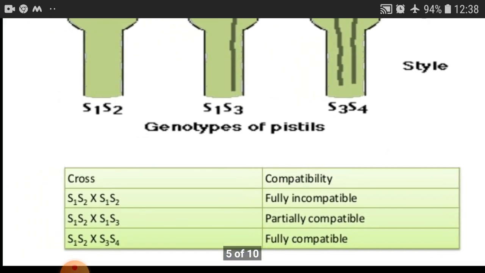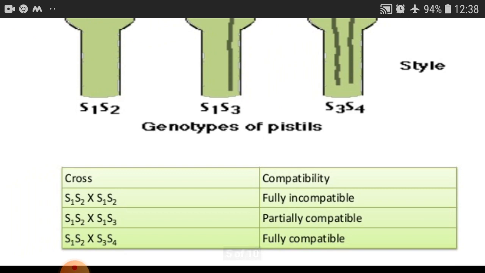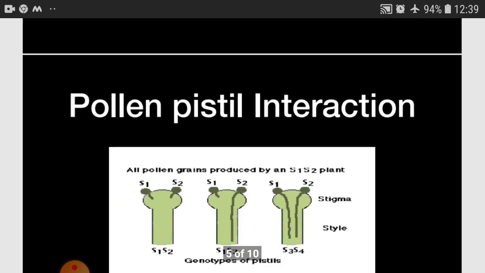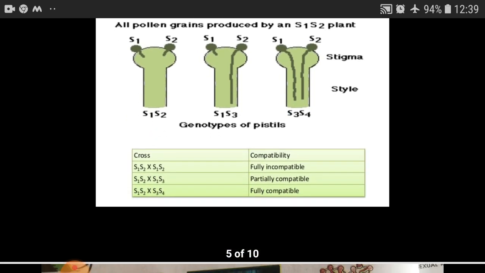Here you see the different types of crosses showing S1, S2. This is fully incompatible. Then S1, S2 with S1, S3 is partially compatible, and if they are all different, that is, S1, S2 from one parent and S3, S4 as the alleles of the other, then it is fully compatible. So this is the way it shows whether it is compatible or not compatible.